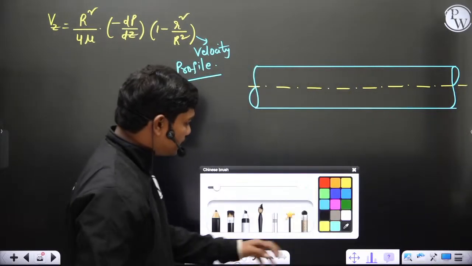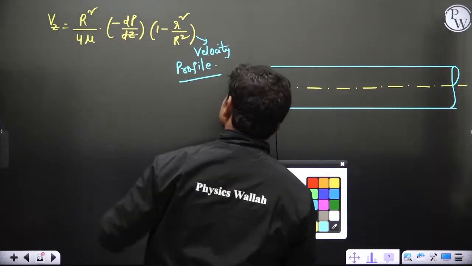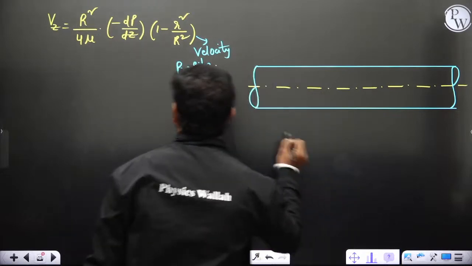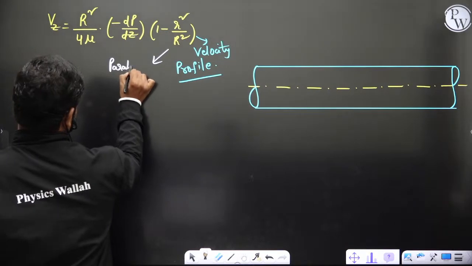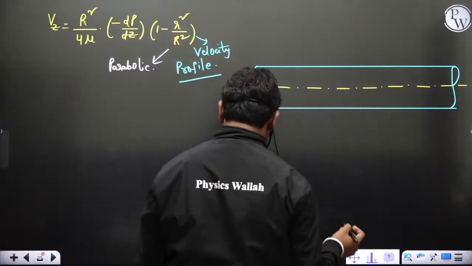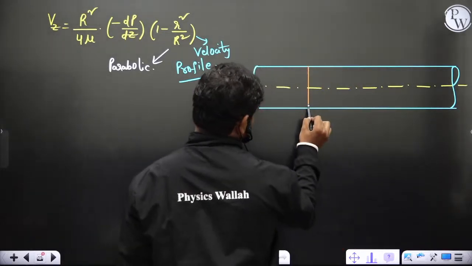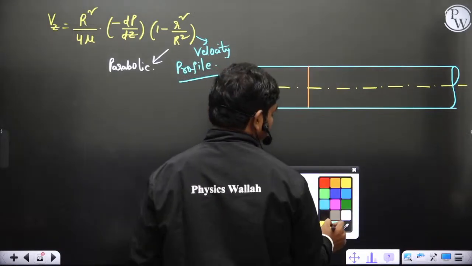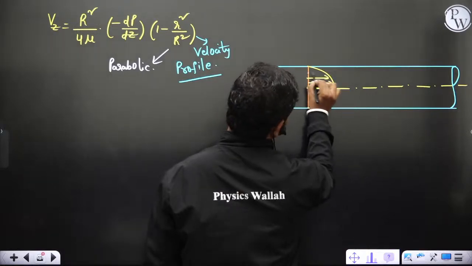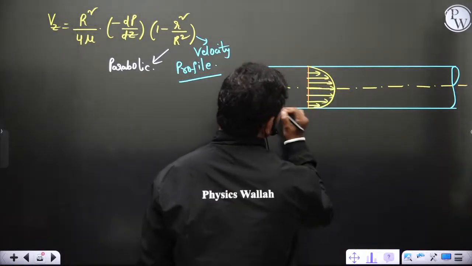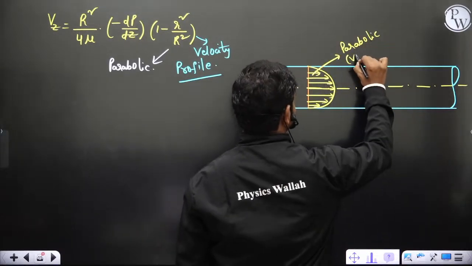Now, if this is a pipeline in which the flow is happening, then clearly this is a parabolic equation. Again, you can see there is r squared. So this guy is parabolic. If you take something like this, at this location, the profile is parabolic. So at any section in a fully developed flow, this is a fully developed flow, so this is a parabolic velocity profile.